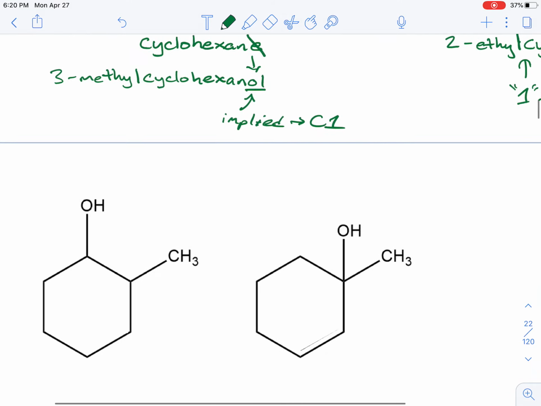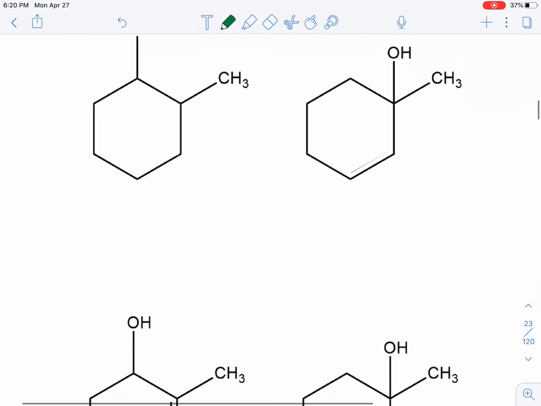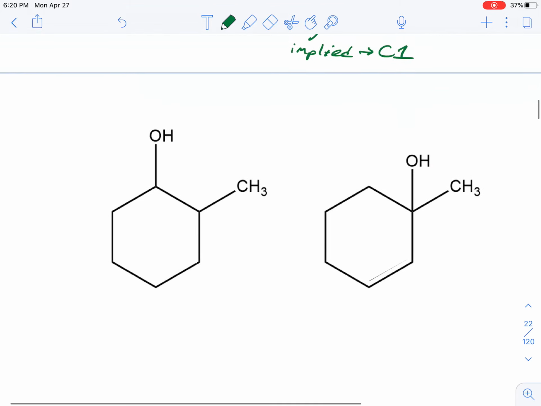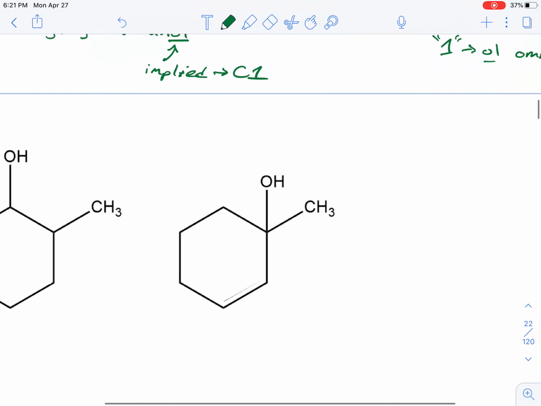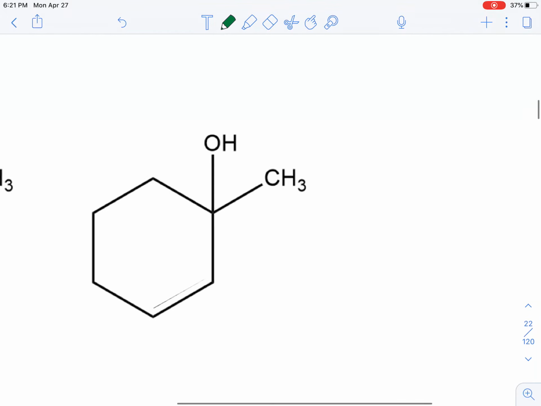All right, so let's go ahead and take a look at a couple more examples here. Let's take a look at this example on the right. Once again, here we see a cyclic ring with an alcohol.